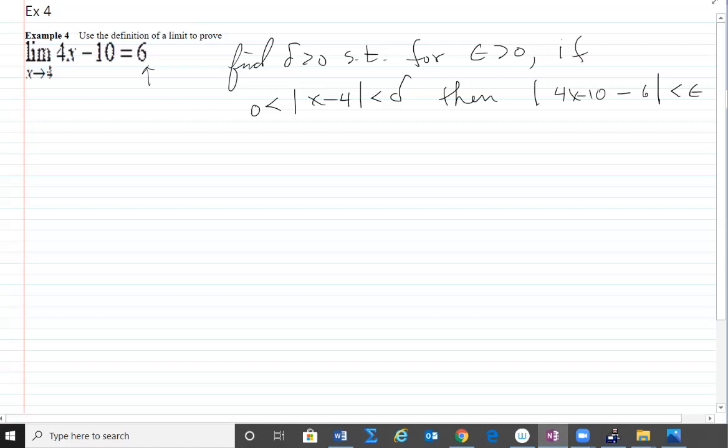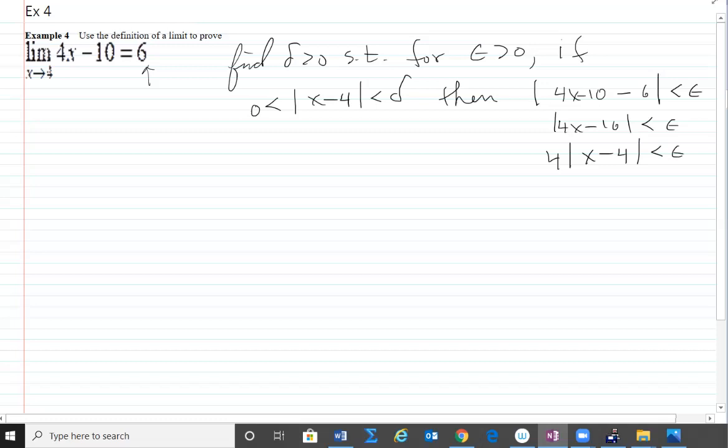So again, on this one, we're going to see what we can do algebraically to transform, and we want to get a handle on this x minus 4 over here. So we have 4x minus 16 from here, which means we have a 4 times x minus 4.